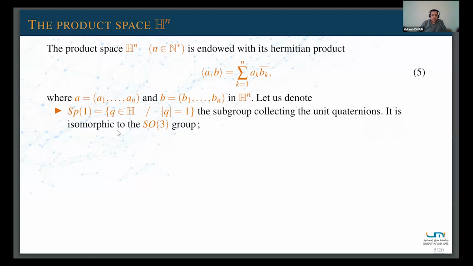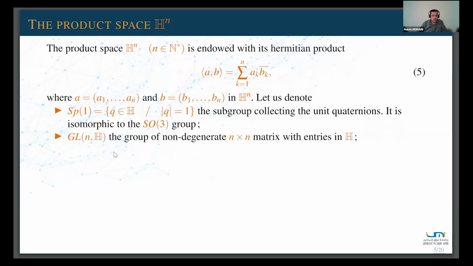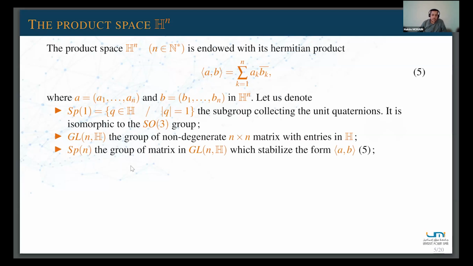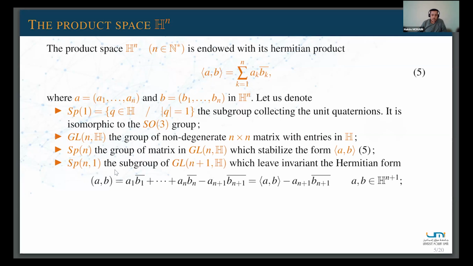We denote by Sp(1) the subgroup collecting the unit quaternions, which is isomorphic to the SU(2) group. GL_n(H) is the group of non-degenerate matrices with entries in H. Sp(n) is the group of matrices in GL_n(H) which stabilize this Hermitian form. And Sp(n,1) is the subgroup of GL_{n+1}(H) which leaves invariant this Hermitian form. [a,b] with brackets is equal to this sum, but the last term with a minus, which equals this Hermitian form minus a_{n+1} times b_{n+1} conjugate.